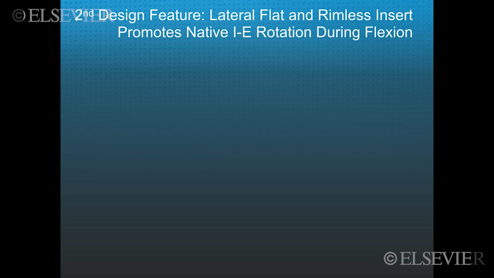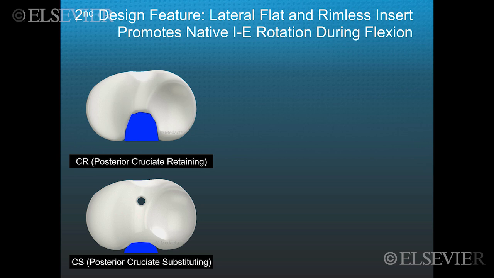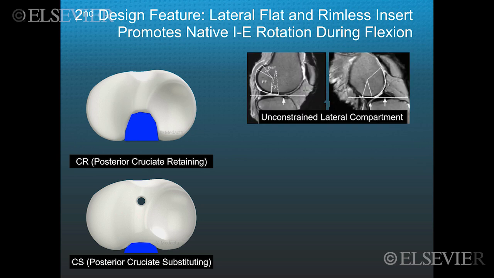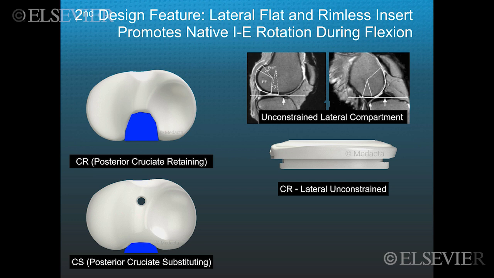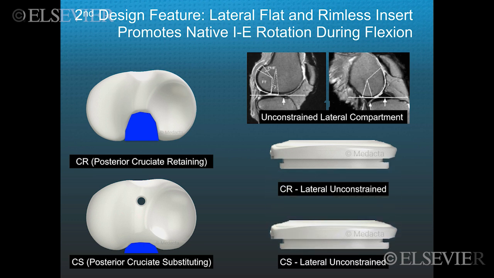The second design feature is the lateral flat and rimless insert, because it promotes native IE rotation during flexion. So if we look at the lateral MRI views from Pinskarova, we can see that we want this flat CR lateral unconstrained, which is the exact same shape for the CS as well. This reduces the risk, if not eliminating the risk, of rim wear, and may lower the risk of posterior wear as well.